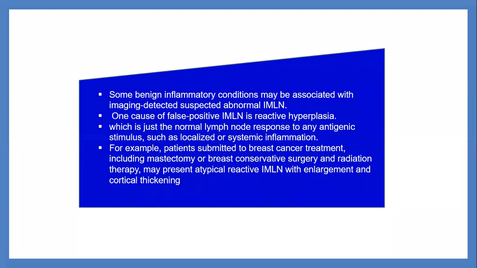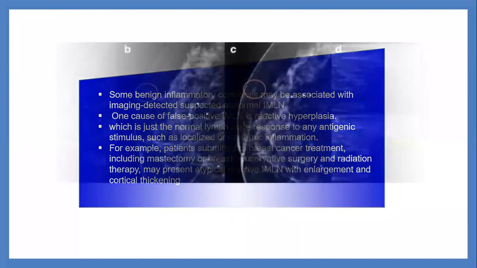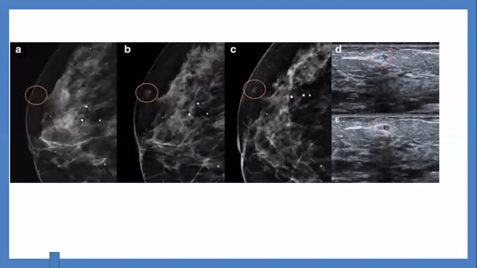They might develop reactive adenopathy, presenting as an atypical reactive lymph node with enlargement and cortical thickening. But by imaging, we cannot decide if it is reactive or neoplastic. We need further evaluation by biopsy and correlation with pathology.